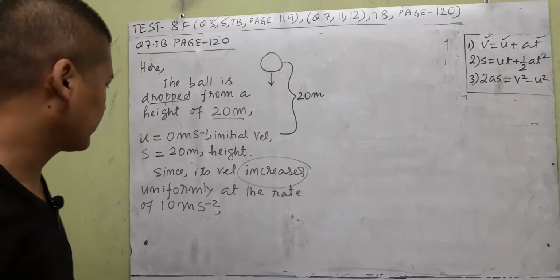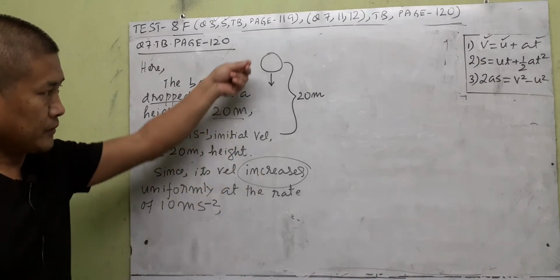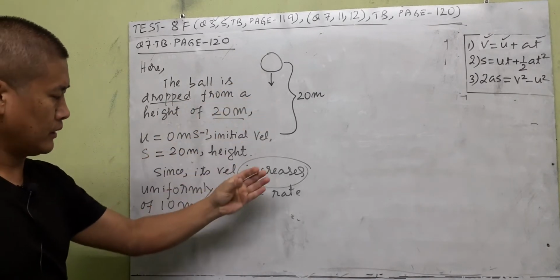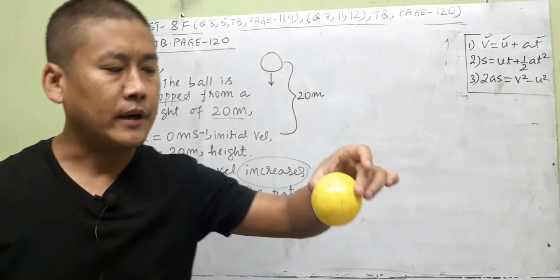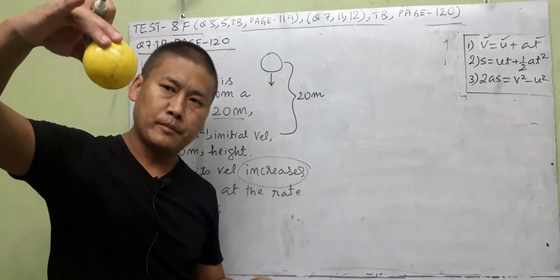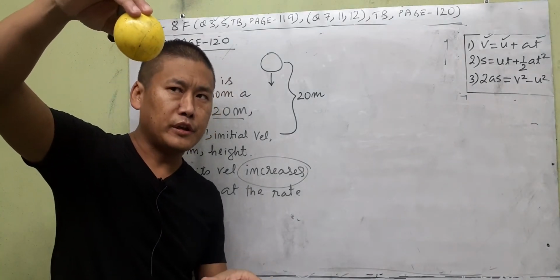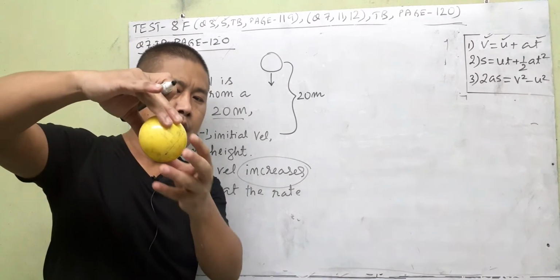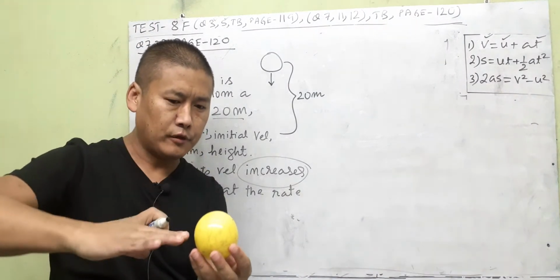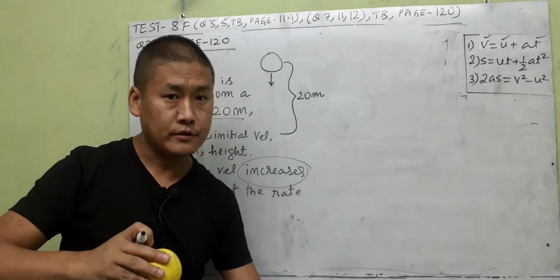Even if the question did not tell us that the velocity of this dropped ball is increasing uniformly, we should understand ourselves, because from our daily life experience, when you drop an object from the height of a building, at release the velocity was less, but as it goes lower and lower, velocity increases, and it is highest just when it strikes the ground.